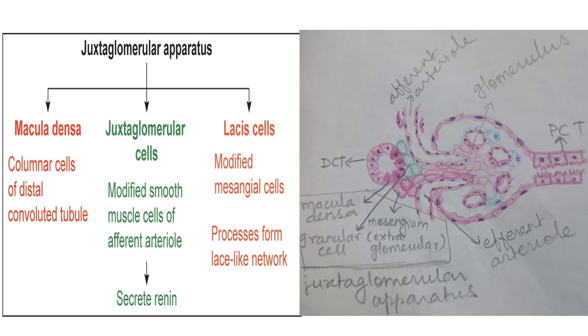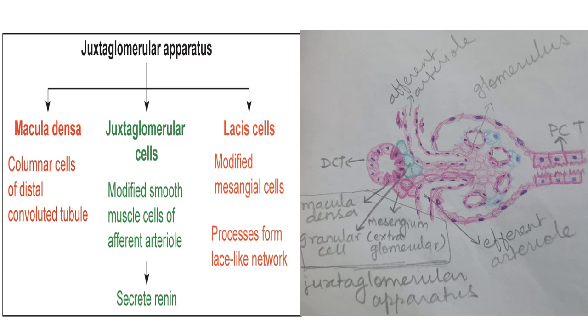So the juxtaglomerular cells are modified smooth muscle cells of the tunica media of afferent arterioles lying close to the macula densa. So a part of the distal convoluted tubule at the junction of the straight and convoluted part, at the vascular pole of the renal corpuscle between the afferent and efferent arteriole, is the part where juxtaglomerular cells are there.